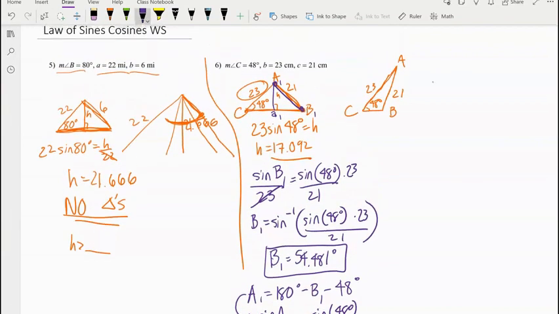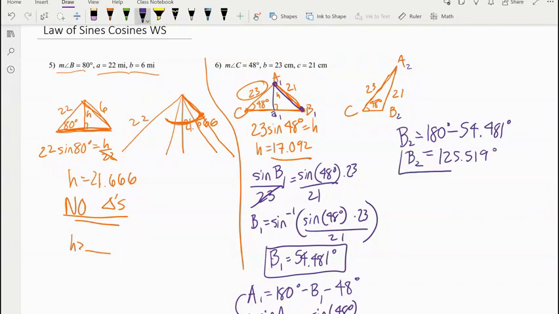But what about B sub 2? B sub 2 is supplementary to B sub 1. So it's going to be 180 minus 54.481 degrees, which is 125.519 degrees.